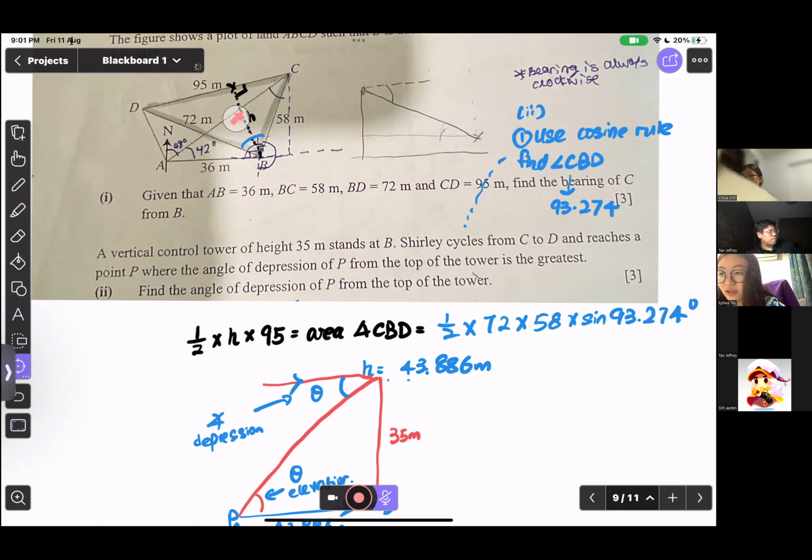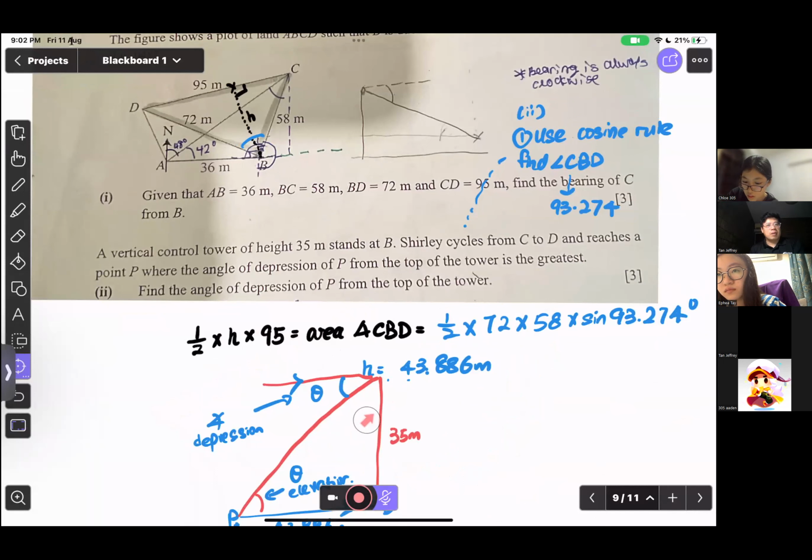After finding H, do we use Pythagoras? After you find H, imagine at B there is a tower that's standing out. If you see my screen, this tower is poking three-dimensionally out of the paper.